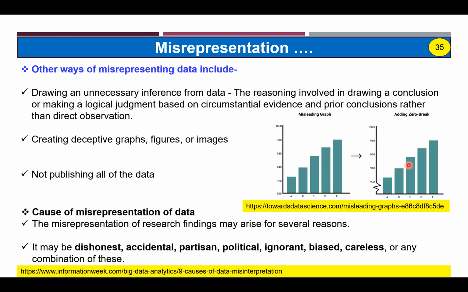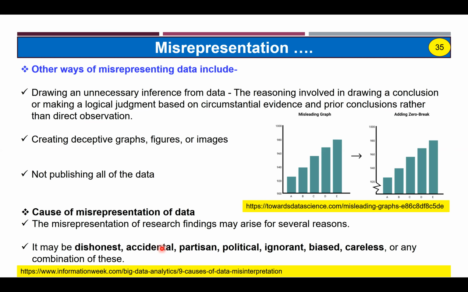Okay. So what are the cases you call a misrepresentation of the data? There are several reasons why such cases may arise. It might be dishonest, where you are doing it intentionally to make up your data.